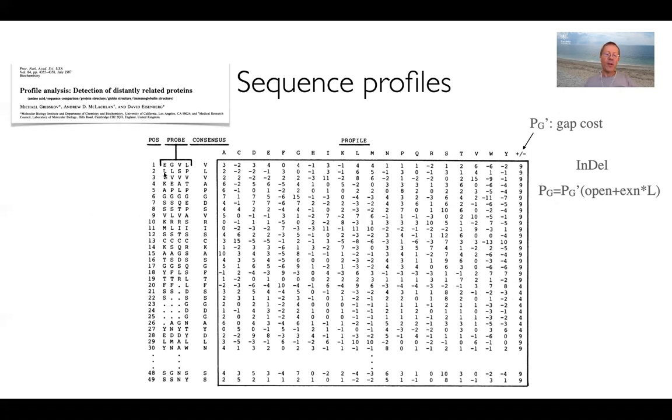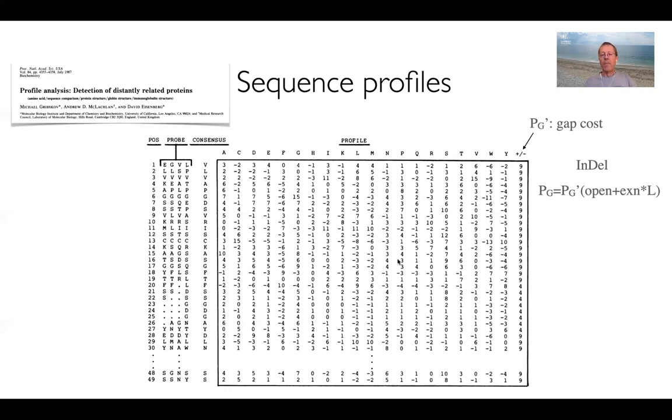In the MSA, multiple sequence alignment, you see that the gap cost is high up to this point, and that's where you see very few gaps, if any, in the MSA. So all of this is well represented by just the PSSM. But now in this region, you do have gaps. And so the way that is modeled is by reducing PG prime, reducing the gap cost, making it less costly to insert gaps if you align a sequence to the profile, for instance.